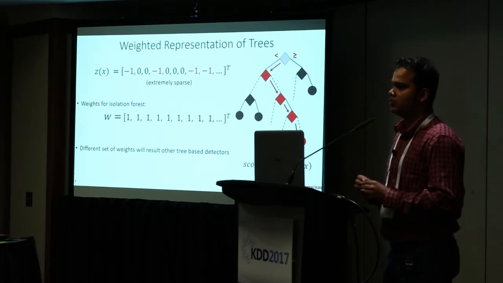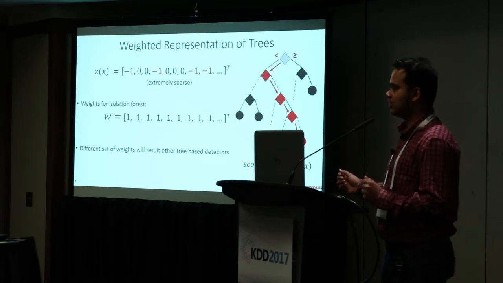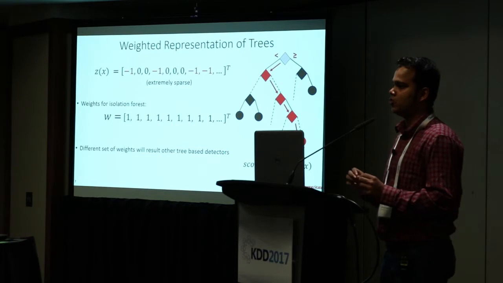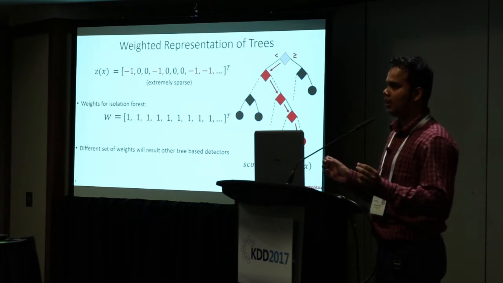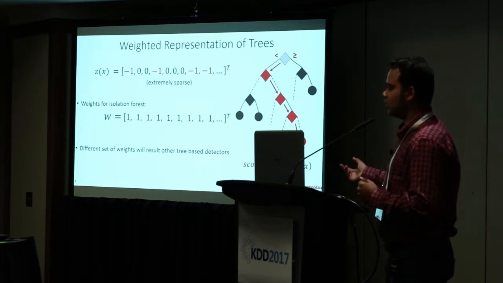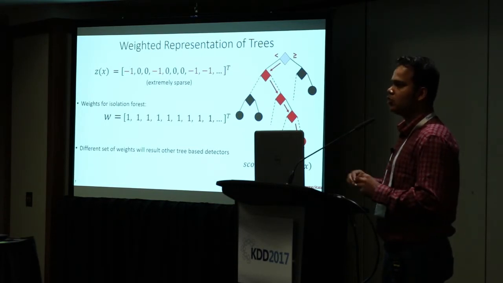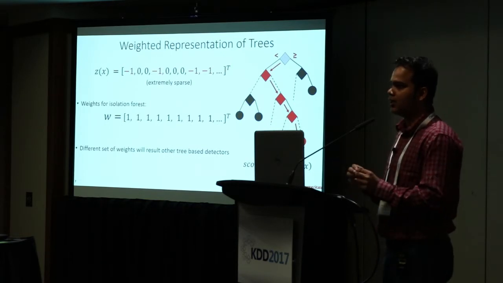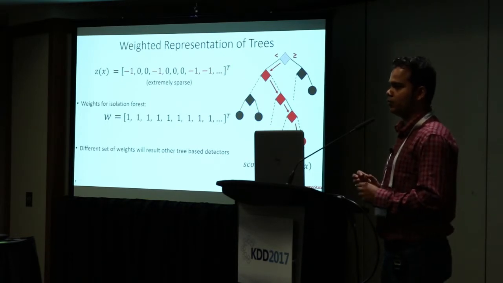For isolation forest, it's very trivial. If we just assign the same weight, say 1, on all the nodes, it corresponds to exactly the isolation forest score. The thing to note here is, if we assign a different set of weights, it will correspond to a different tree-based anomaly detector. So we can incorporate feedback in the same way as for isolation forest.